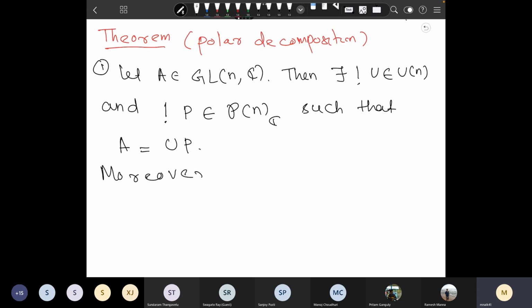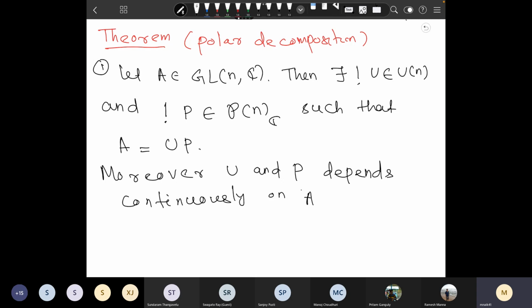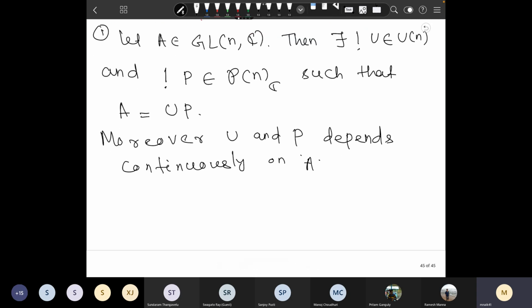Moreover, U and P depend continuously on A. So it has a second part.